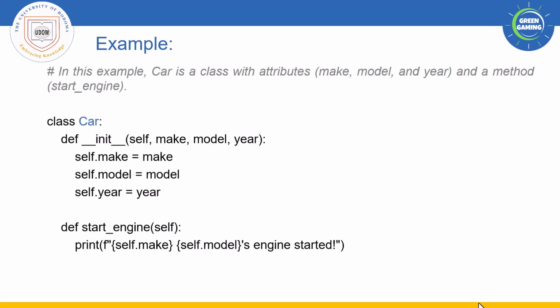For instance, an example of a class is this one. In this example, Car is a class with attributes make, model, and year. A class can be bound with data or attributes of that class, and functions or methods, which are what that class does, or the behavior of that class. So for instance, we can have a class called Car.